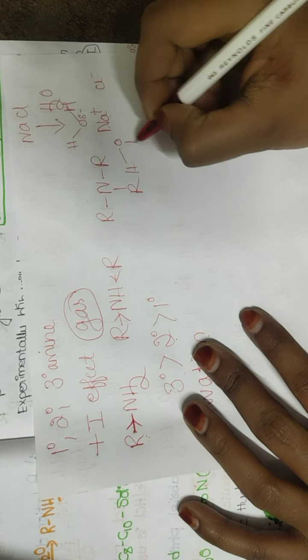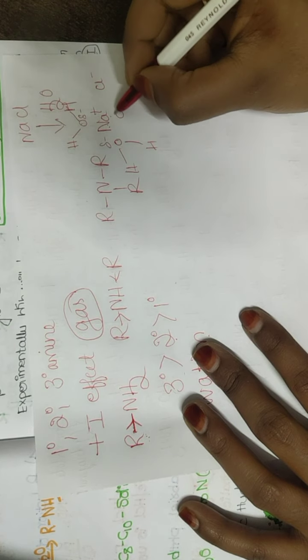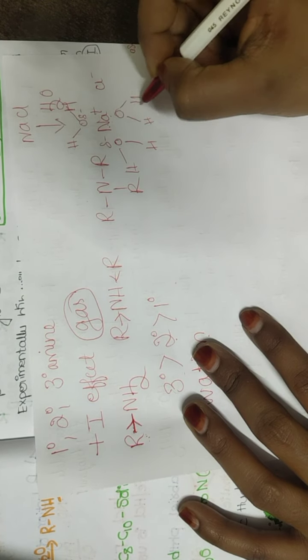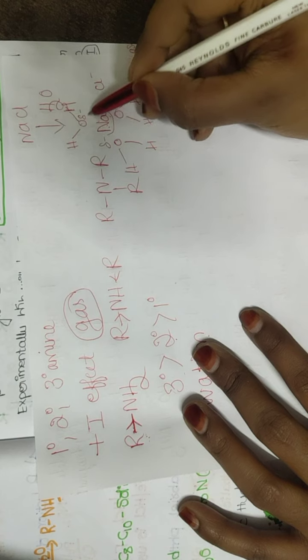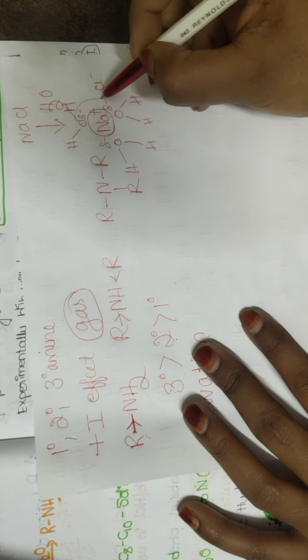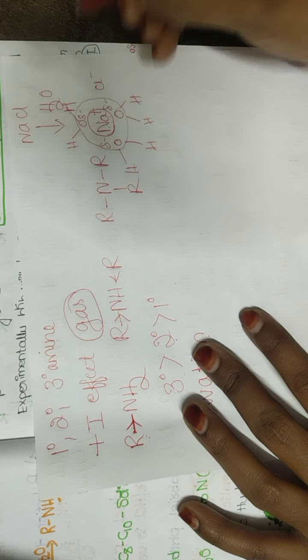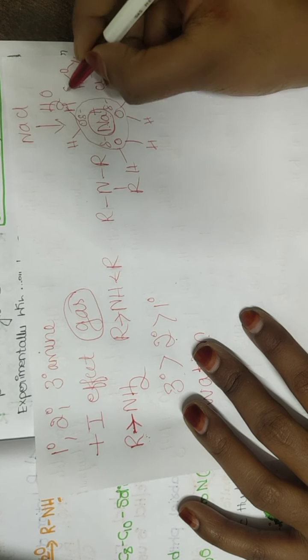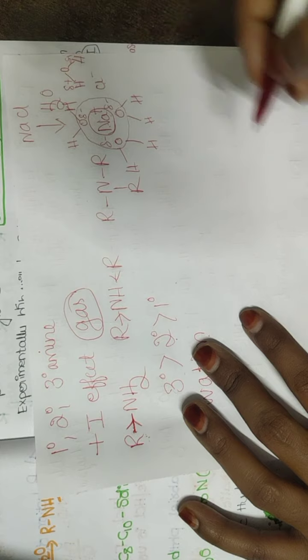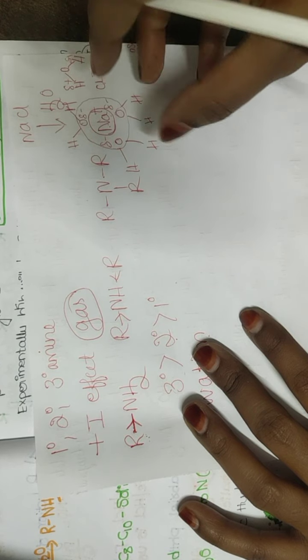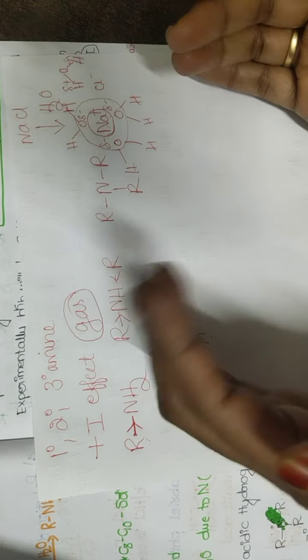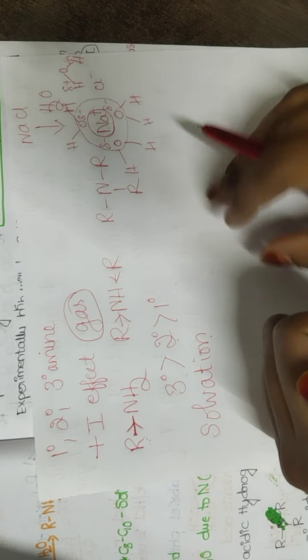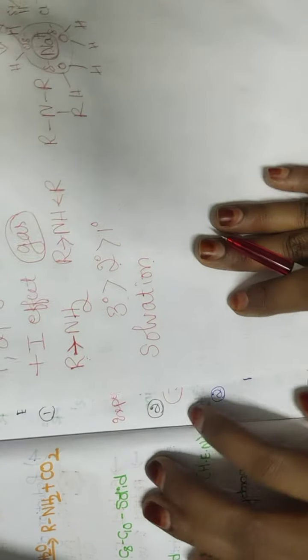I hope you know that in case of water, oxygen is electronegative. So therefore here the cation is surrounded by the negative end. And similarly, the anion will be surrounded by the positive part of a water molecule. So this is called solvation. How nicely the water will surround the substrate molecule in water, that is called solvation.